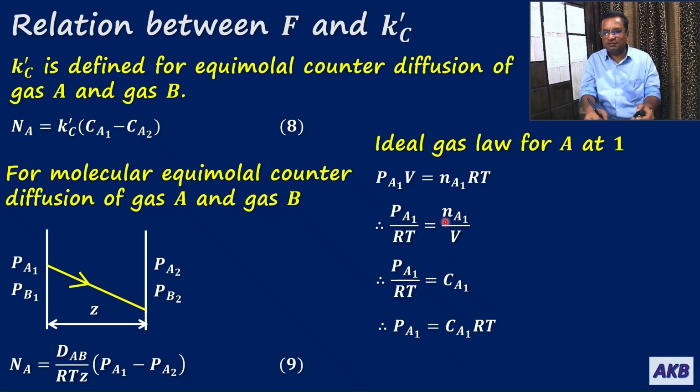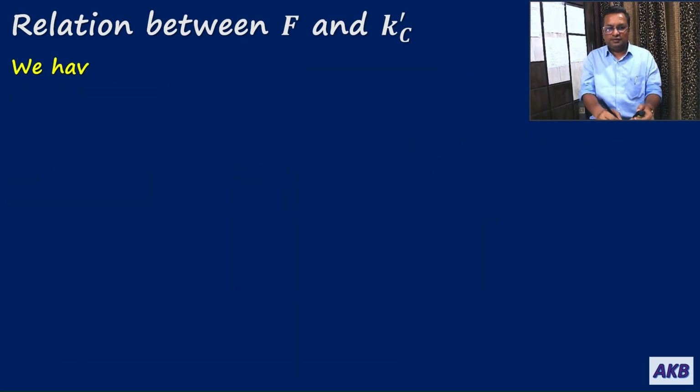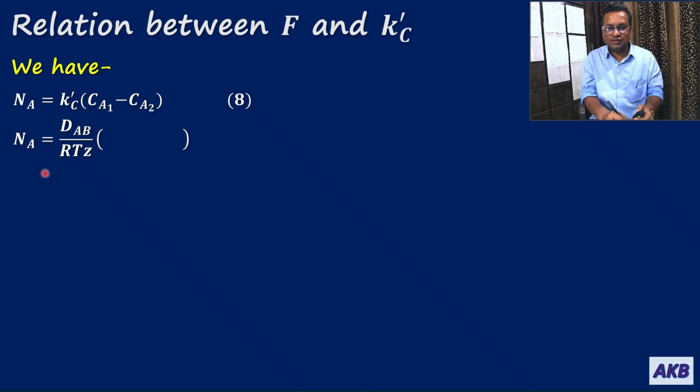Now in the same way, we will apply the ideal gas law for A at 2. So we have the defining equation for K'c: Na = K'c × (Ca1 − Ca2), equation 8. And for equimolar counter diffusion of gas A and gas B, the applicable equation is Na = DAB/(RTZ) × (Pa1 − Pa2), that is equation 9.